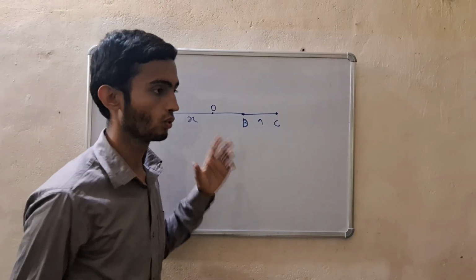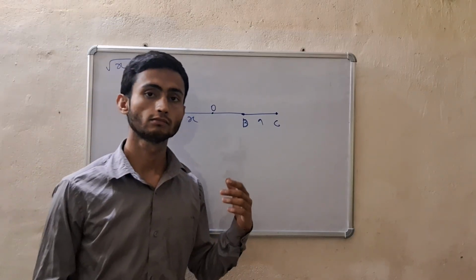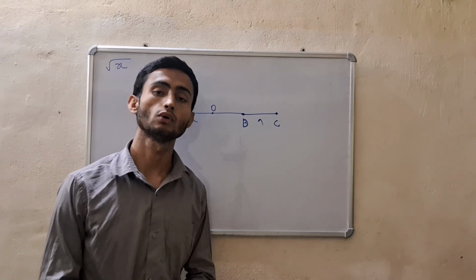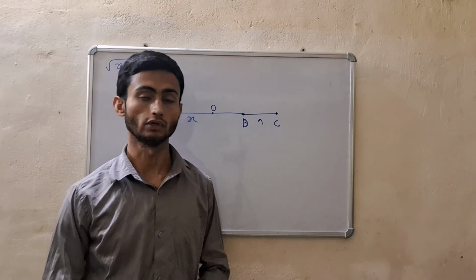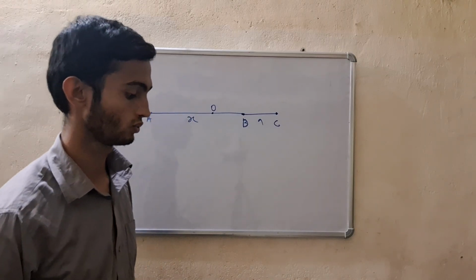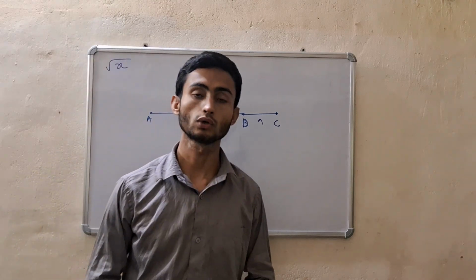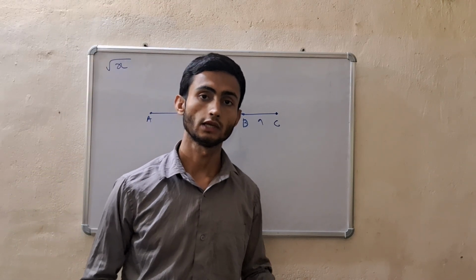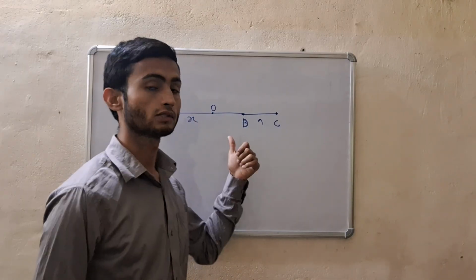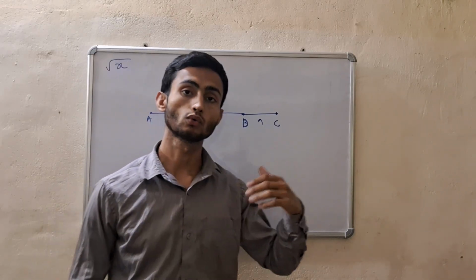Why do we use O? O also resembles 0, and O is also the initial letter of origin, which, as you will see in the upcoming chapter, is a term related to coordinate geometry.